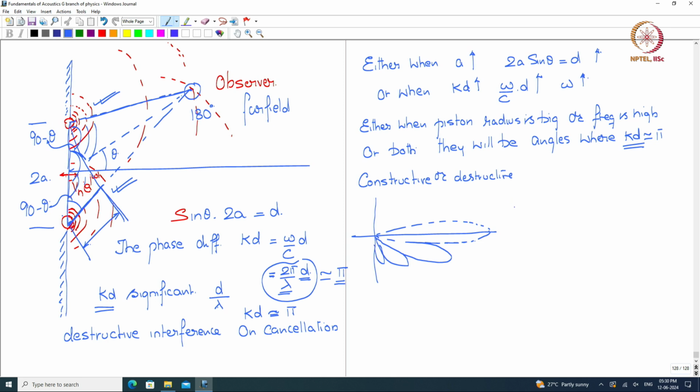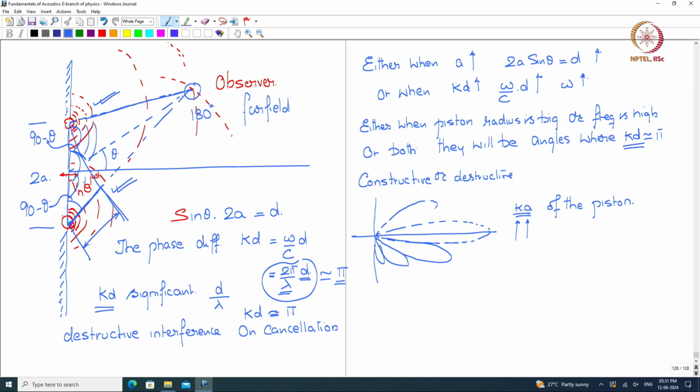This depends on ka of the piston system. That means it depends on the radius, and it depends on the frequency. I hope it's clear why these interference patterns occur.